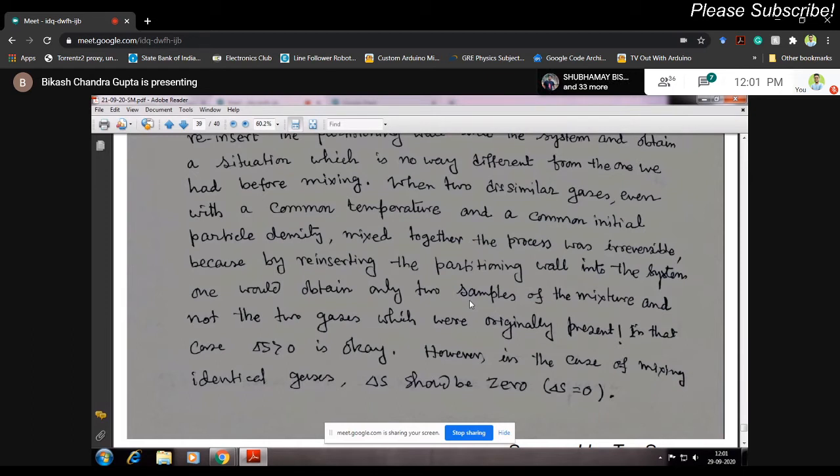Now, this is the situation you originally have. Now you remove the wall, let them diffuse. The gases will try to move and make a space everywhere within the volume V1 plus V2.